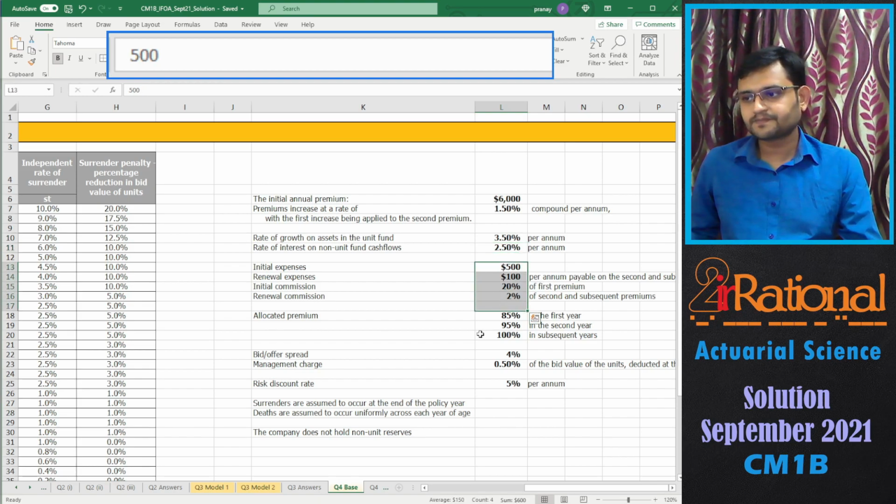Expenses are given. Allocated premium, so we have 85%, 95% and then 100% from there on. Bid offer spread, management charges, risk rate, risk discount rate, and these are for the non-unit fund, we'll talk about later. So let's go and make our unit fund table.